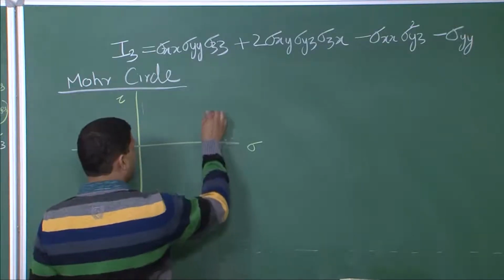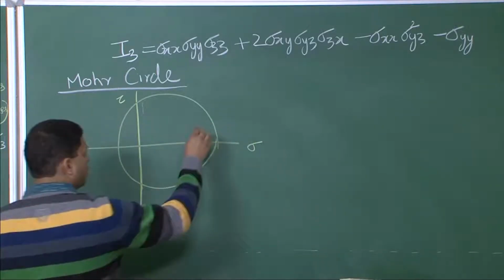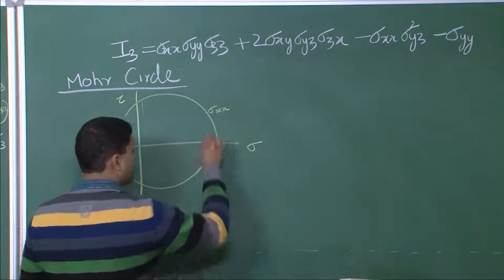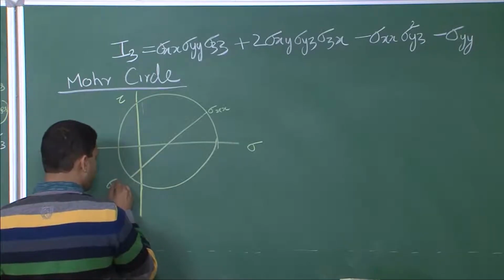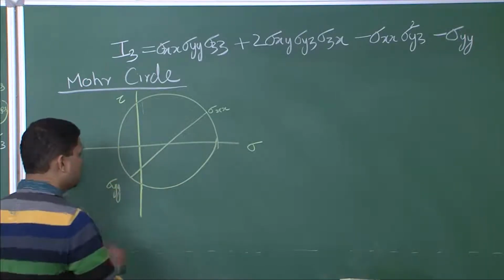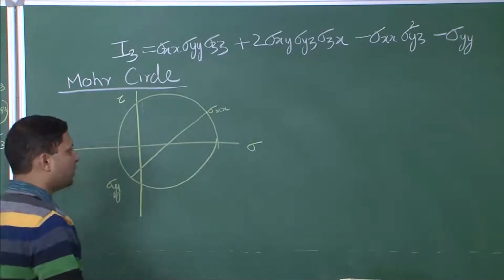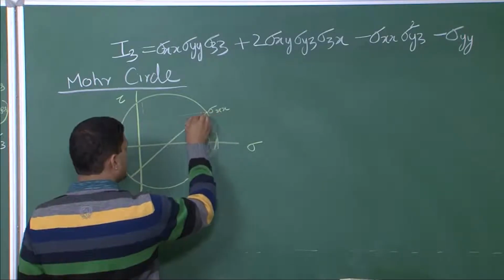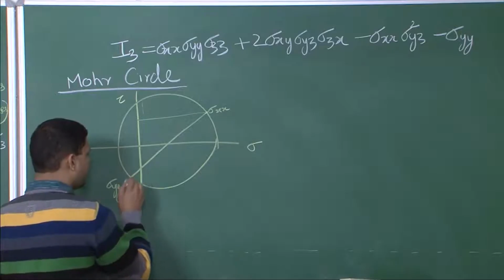Now, let us take a biaxial stress condition, where you have some positive value of sigma xx and some negative value of sigma yy. You plot sigma xx, and on that plane you also have a shear value, and similarly a shear value for sigma yy.